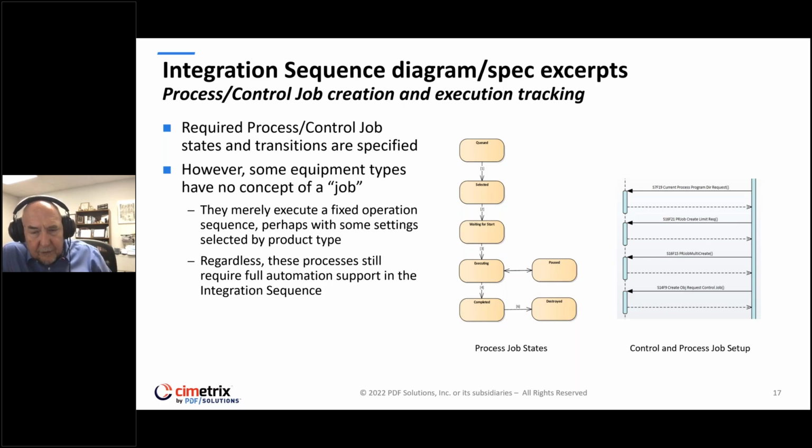Again, that's the beauty of industry standards: being able to have a common implementation on the host or client side, regardless of the complexity or process type of the equipment. This makes the software engineering task on the factory side a little more predictable than if you had to handle every piece of equipment with custom protocol and custom sequences.